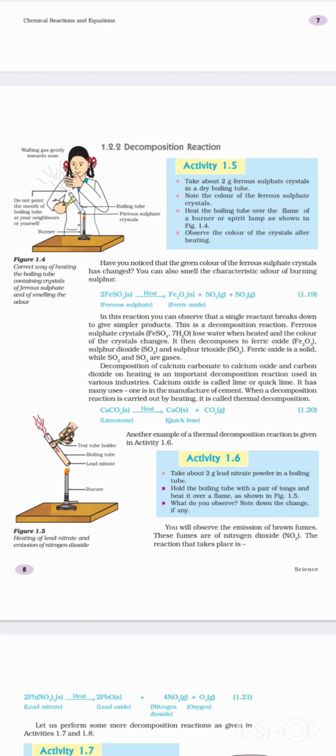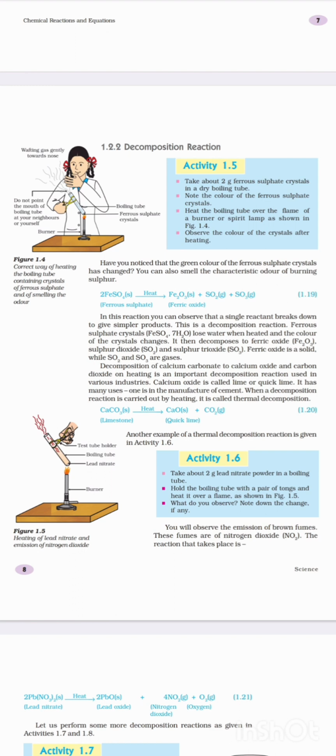Okay, so in this, the color of the ferrous sulfate crystals gets changed, because ferrous sulfate is converted into ferric oxide. That is a single reactant. Here ferrous sulfate is the reactant. On simply heating this ferrous sulfate, it gets converted into a number of products.